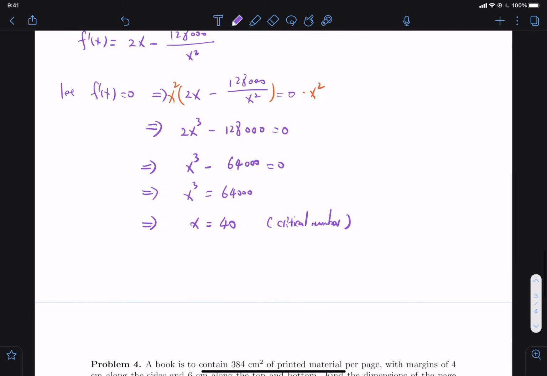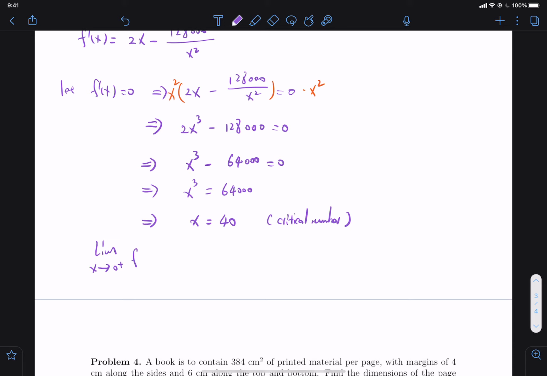So limit as x approaches 0 plus of f of x is equal to the limit as x approaches 0 plus of x squared plus 128,000 divided by x squared. And you see that when x approaches 0, this term becomes 0, right? But the denominator in here also approaches 0, so this fraction becomes very, very large, right? So this is equal to positive infinity.